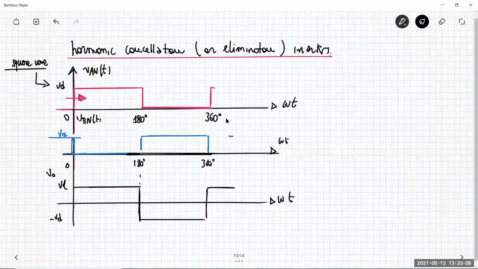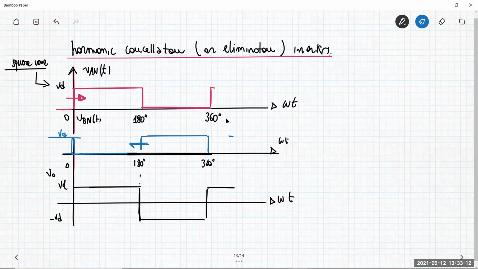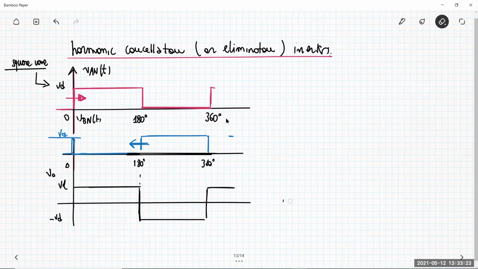Sorry about that. And suppose that I have this waveform VBN shifted toward the left by the same amount. What happens to the output? Let me draw. What happens here?